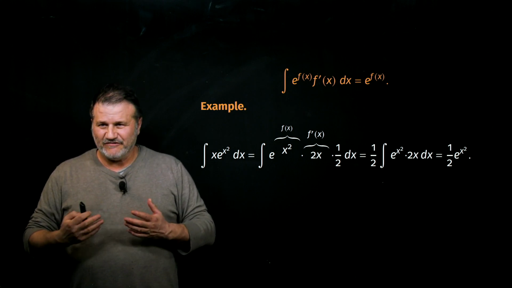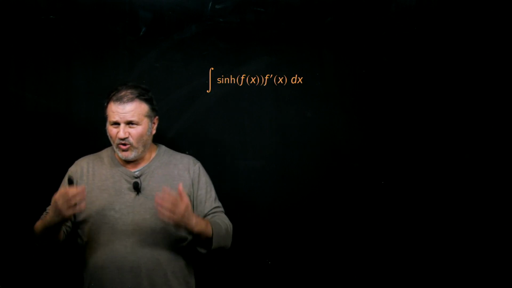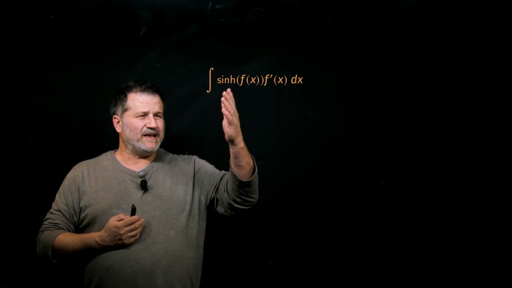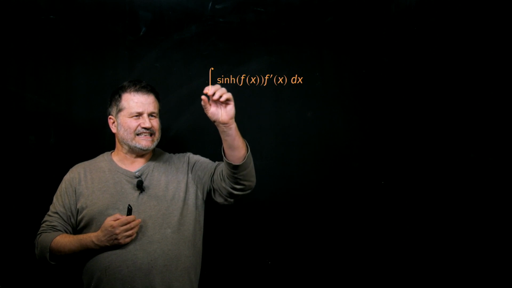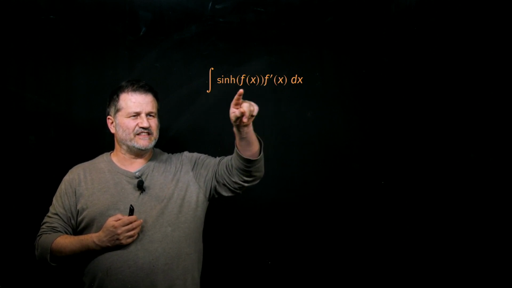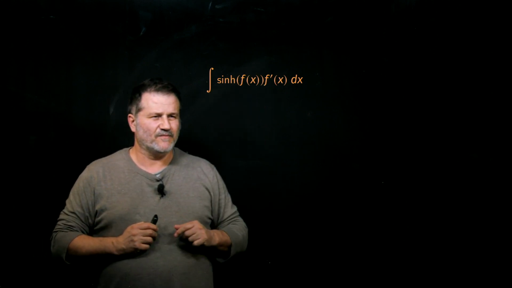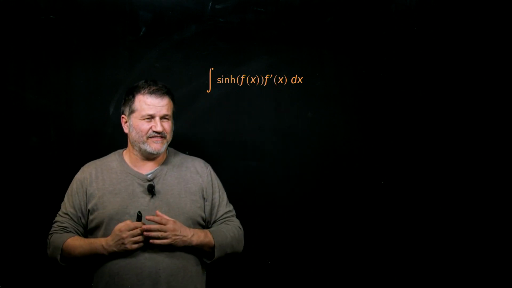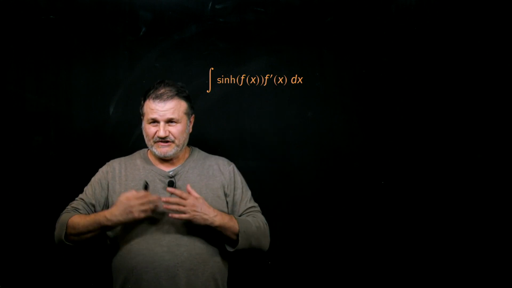The same kind of formula can be deduced in all the other cases we have seen for the elementary primitives. For example, I have the primitive of an expression like hyperbolic sine of something times the derivative of the argument, f prime of x. Now, here I should recognize that this comes from a derivative. I got this differentiating what?